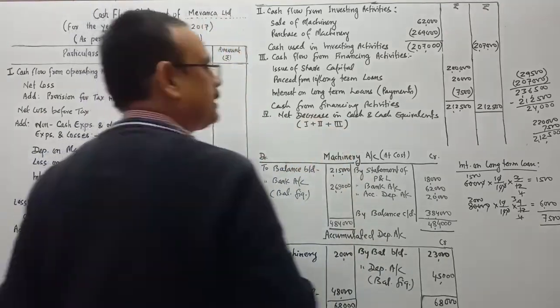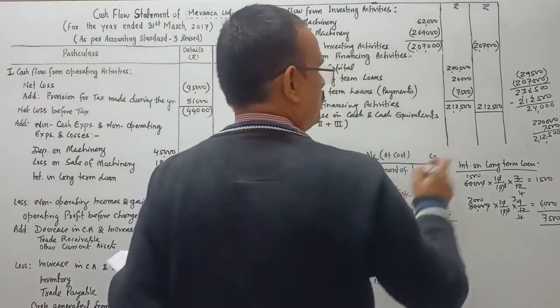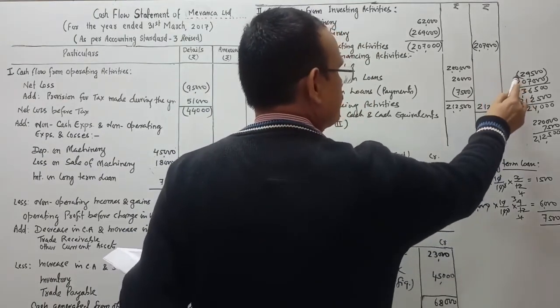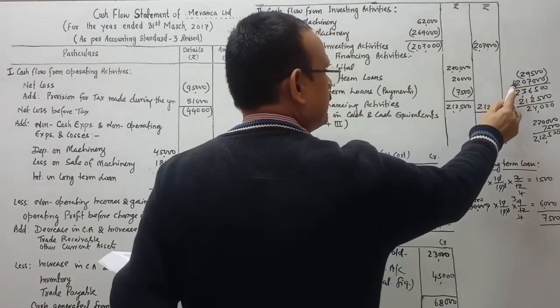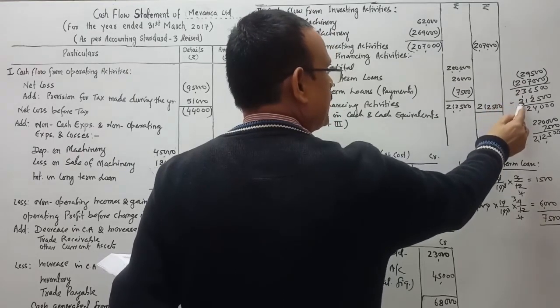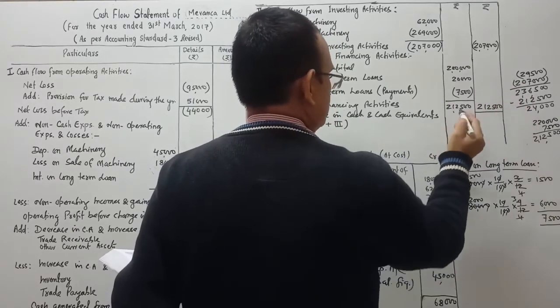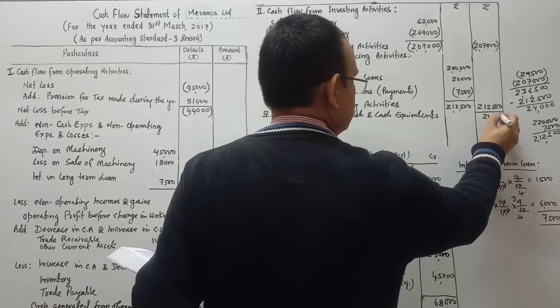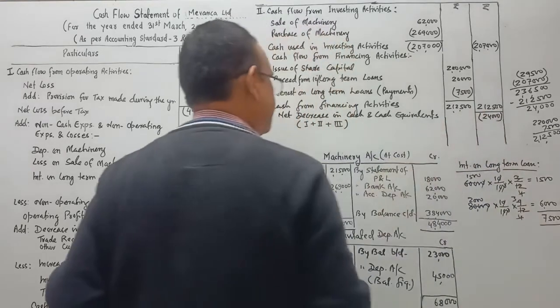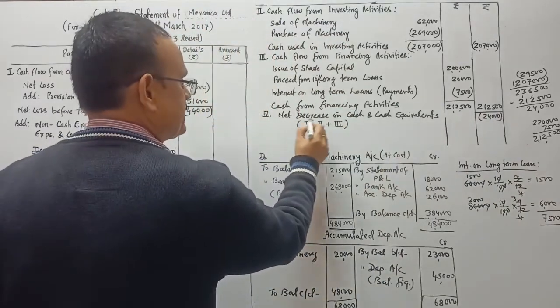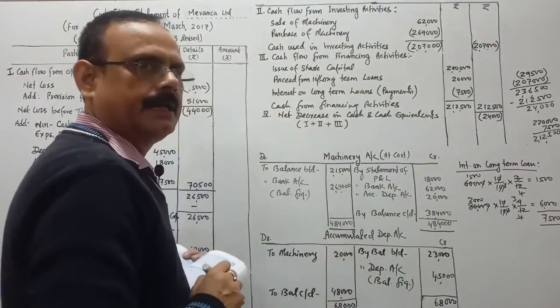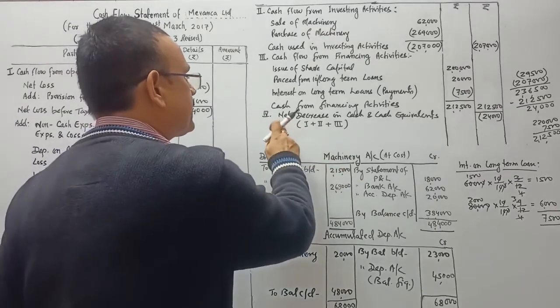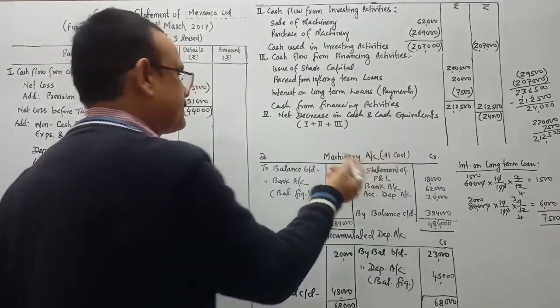Now we are going to do the total of these 3. So in these 3 activities, the first one operating minus, investing minus and financing plus. So total is 24,000. It is minus. It means net cash decrease. That's why I have written net cash decrease. It is in minus figure. If it is in plus figure, then we will write net cash increase, net increase.